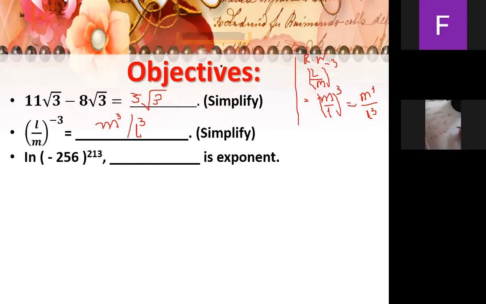Okay, Fazia. Okay, Fatma, wrong answer. Exponent. Fatma, here we are asking about exponent. So exponent is this one. So you will write here 2, 1, 3 is the final answer.